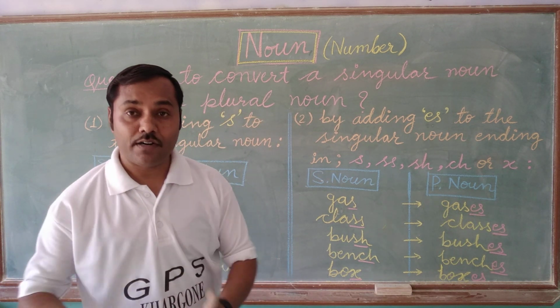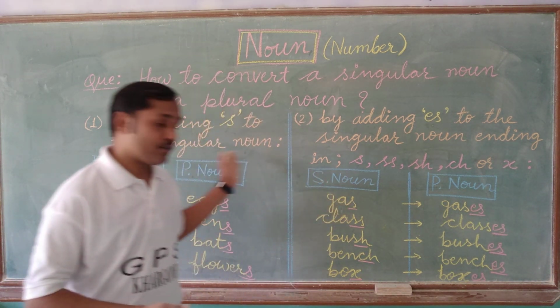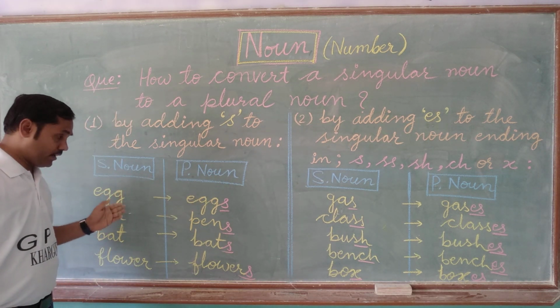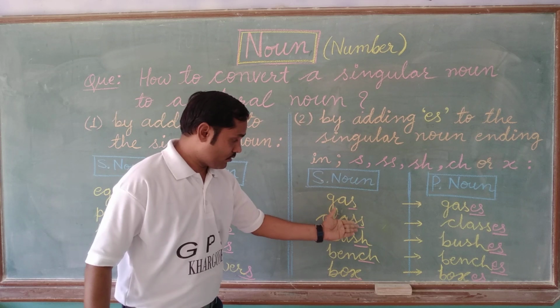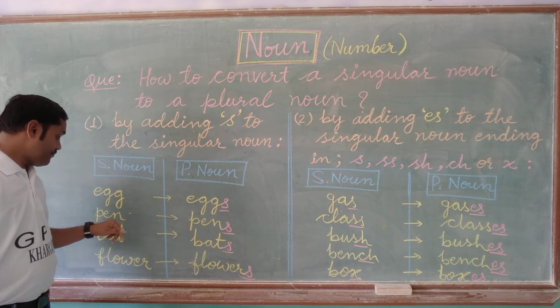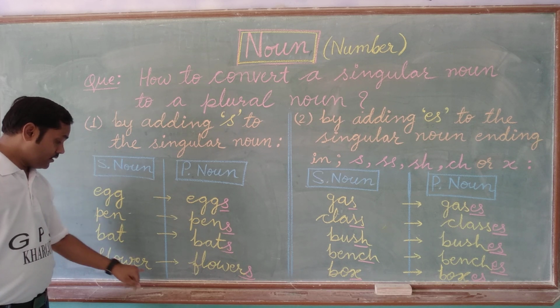I hope that you have understood these two ways. First way is very simple, but the examples are not ending with these sounds S or SH. Now these are ending with g, n, t, r.